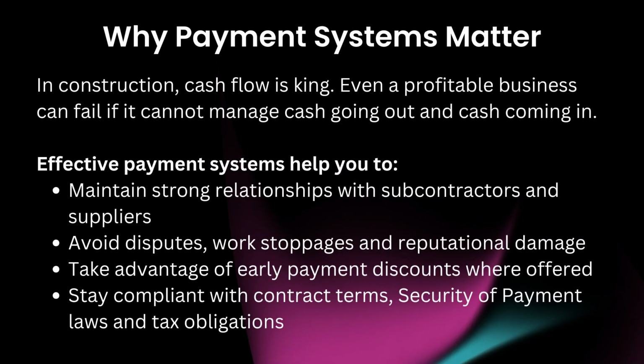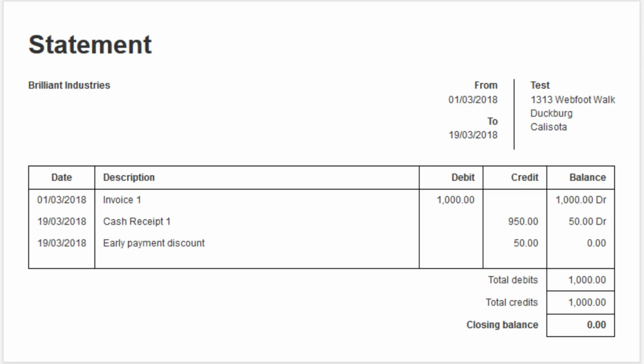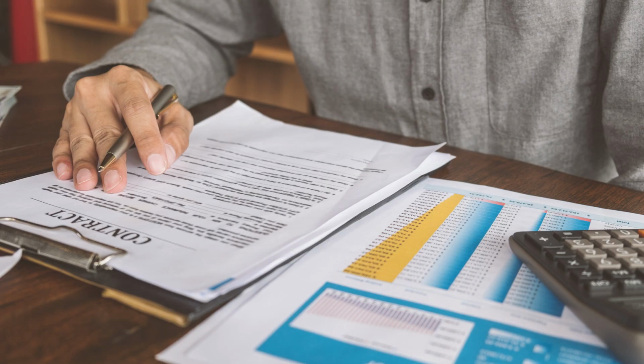Why payment systems matter. In construction, cash flow is king. Even a profitable business can fail if it cannot manage cash going out and cash coming in. Effective payment systems help you to maintain strong relationships with subcontractors and suppliers, avoid disputes, work stoppages and reputational damage, take advantage of early payment discounts where offered, and stay compliant with contract terms, security of payment laws and tax obligations.